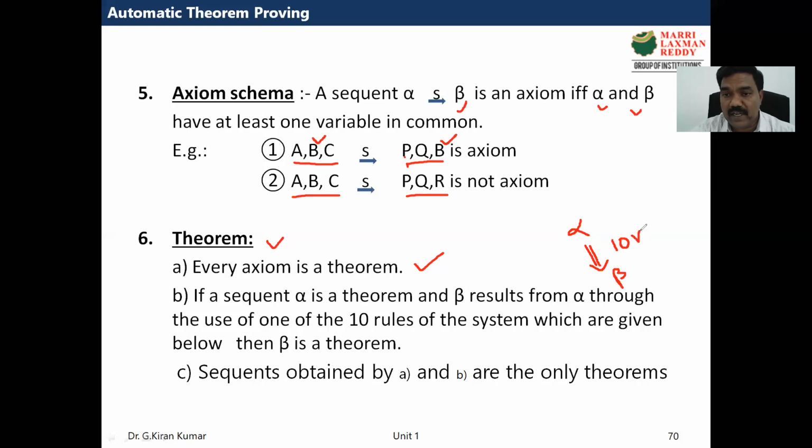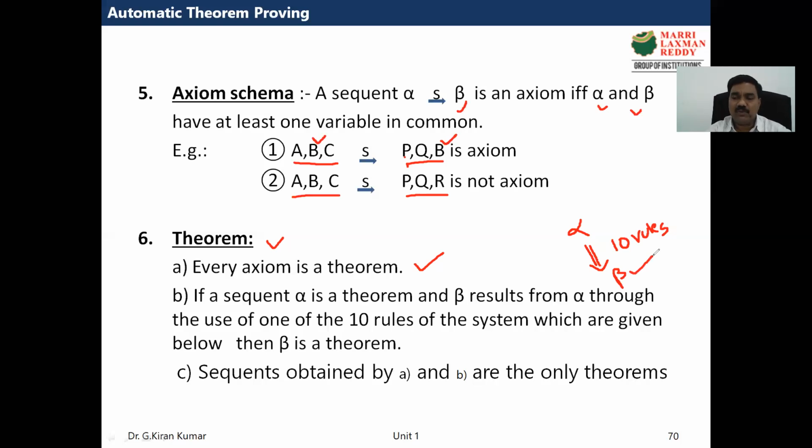These rules are 5 antecedent rules and 5 consequent rules. So if alpha is a theorem, and I derive beta from alpha by applying all or some of these 10 rules, then we call beta also a theorem.